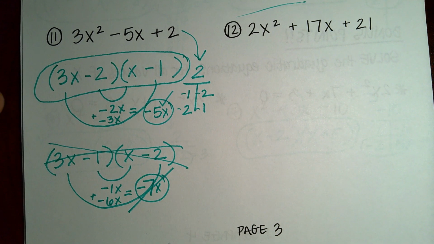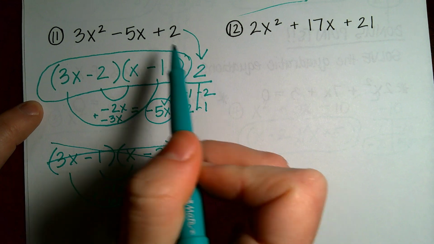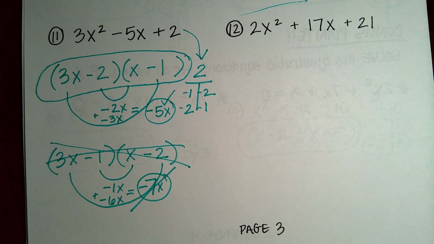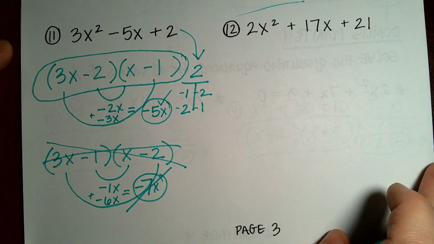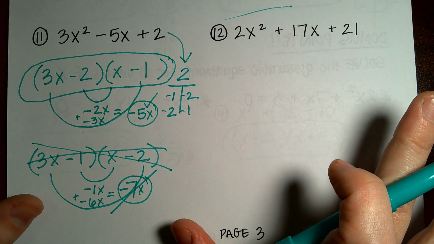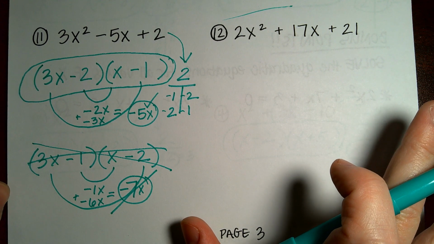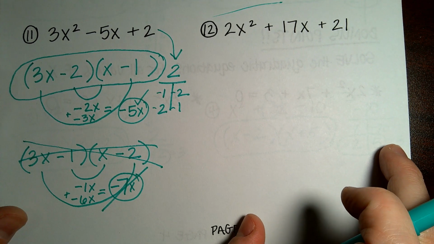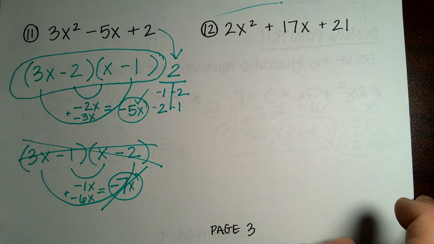So we have to be very, very careful, especially when we get our signs mixed up. It's easy to make those mistakes, but worth looking at. Any other comments or questions about number 11? Okay, I'll leave that to the side. Let's look at 12.